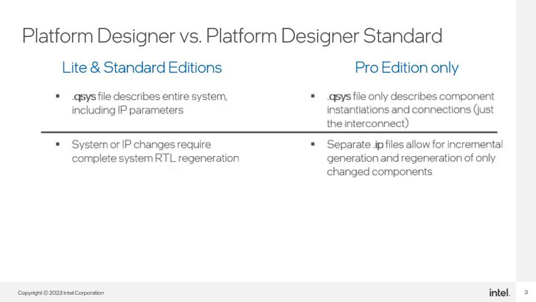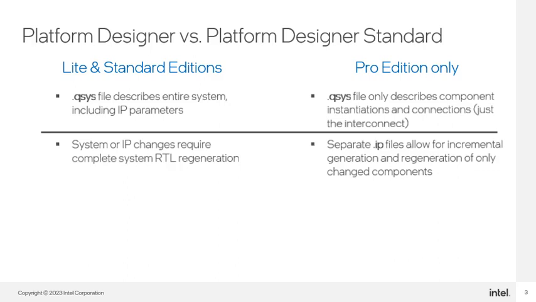So if multiple instances of the same component with the same parameterization are added to the system, only one .ip file is required. Component parameter changes that do not affect the interconnect design can be made in the .ip file, and new RTL code for just the changed component can be generated without regenerating the entire system.